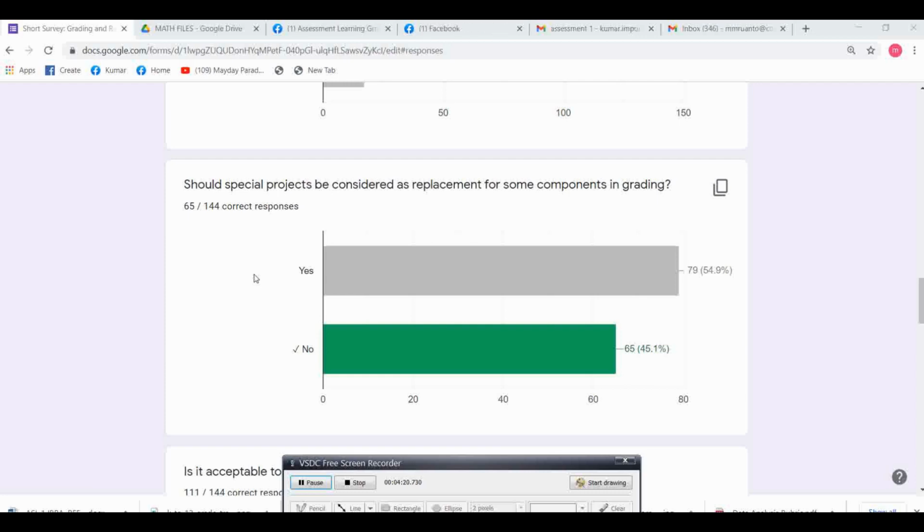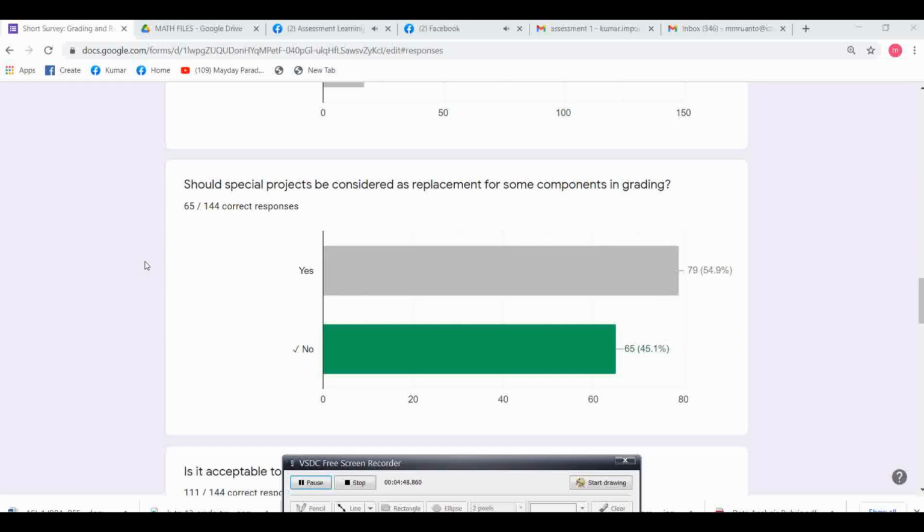It is based on the performance depending on the components that were communicated to the students at the start, at the beginning of the class.